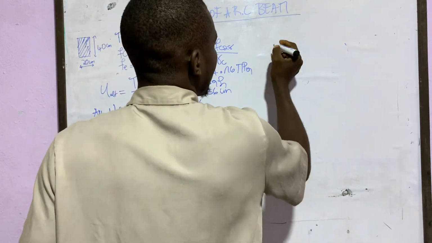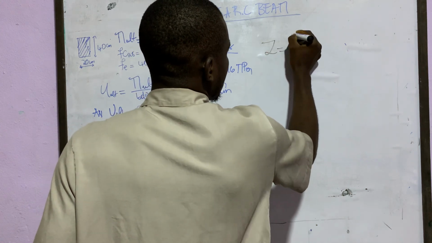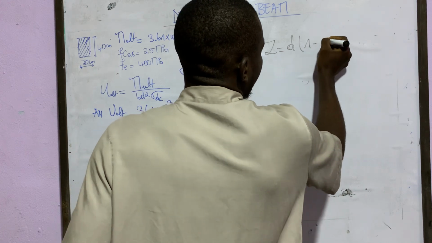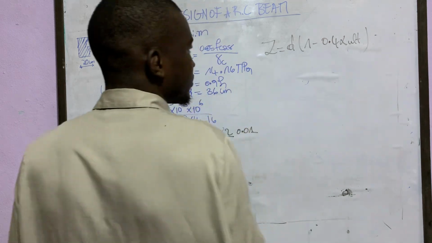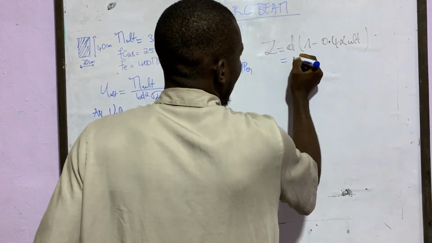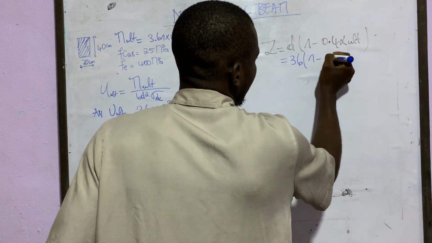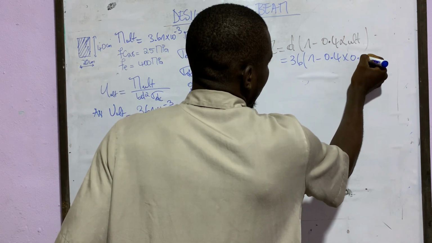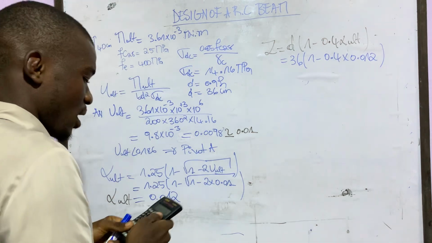So now we fall into the calculation of our Z. Z is equal to what? D times the bracket of 1 minus 0.4 alpha ultimate. That's how we obtain our Z. In numerical application, we'll have D, which I will leave in centimeter here, 36 times in bracket 1 minus 0.4 times 0.012, which is here our alpha ultimate.